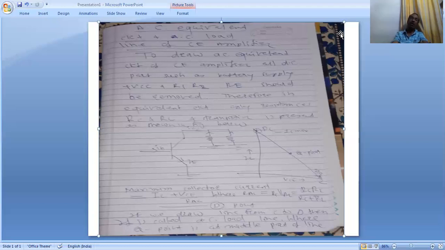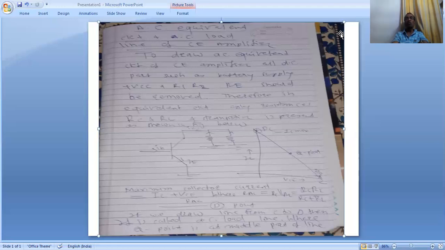The common emitter transistor amplifier remains stable at the middle part of the AC load line as shown in the above figure.